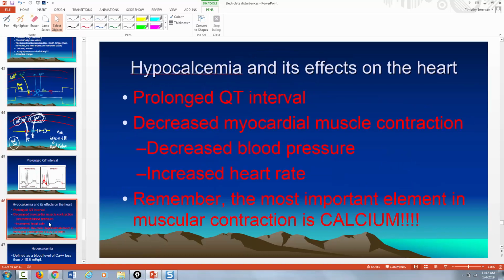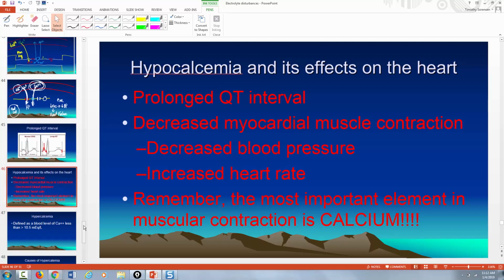So the hypocalcemia and the effects on the heart: prolonged QT, decreased myocardial muscle contraction, right? Because of less calcium, and decrease in blood pressure. So those are the big clinical manifestations of hypocalcemia.